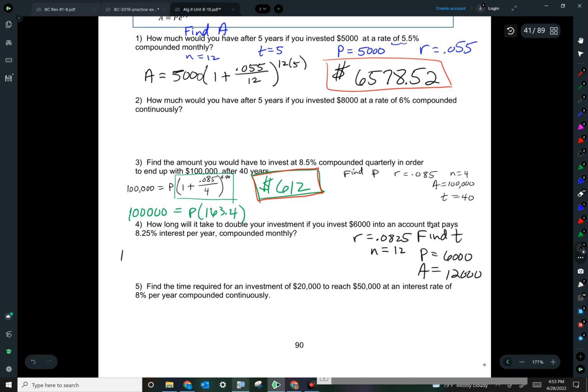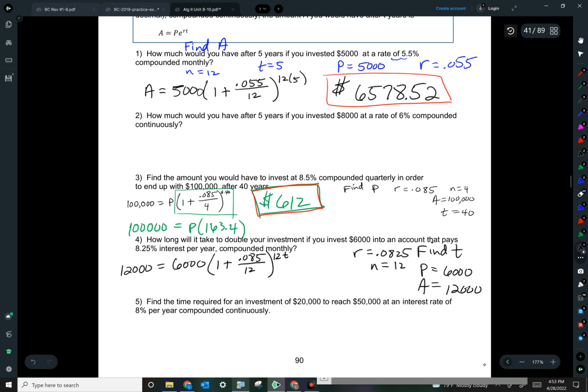A is 12,000 equals P is 6,000. And then in parentheses, I have 1 plus, let's see, the R is 0.0825 over n is 12. And this is all raised to the n times t, so that's going to be 12t.